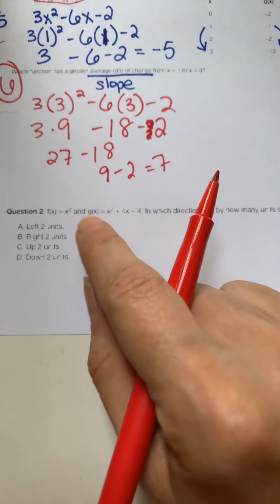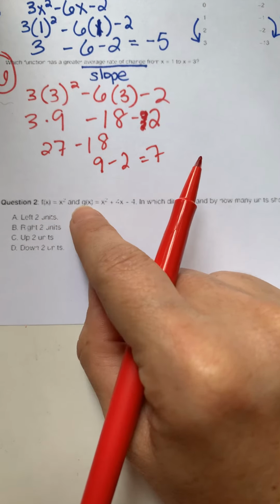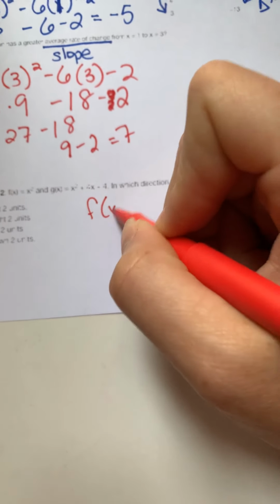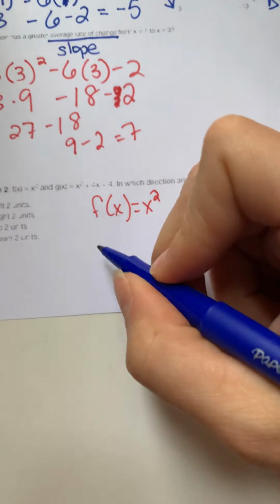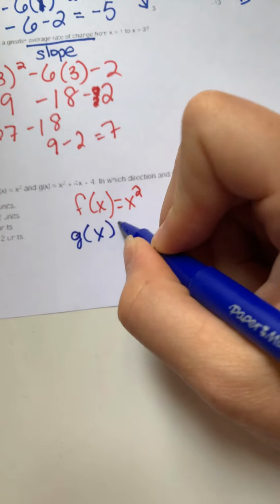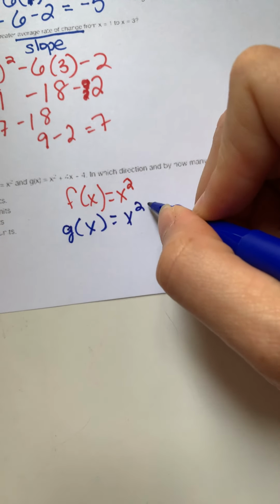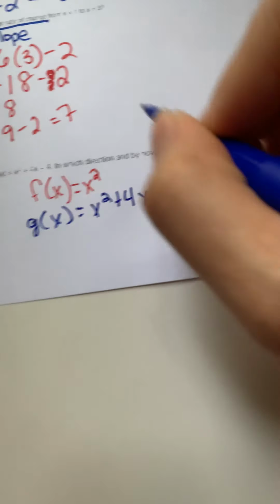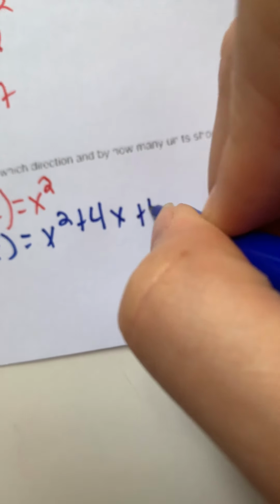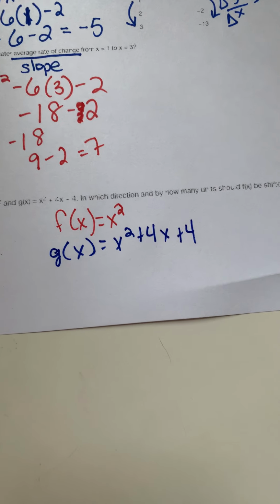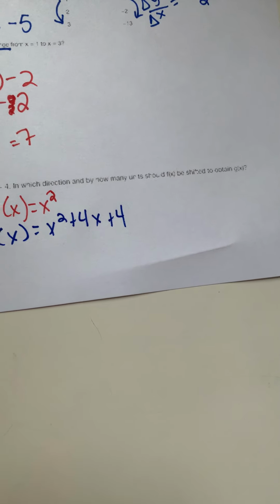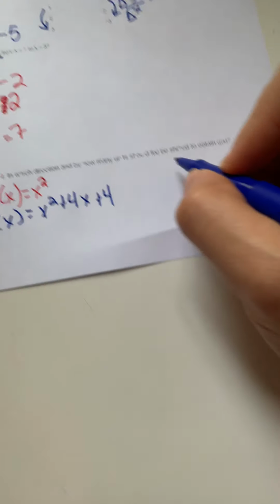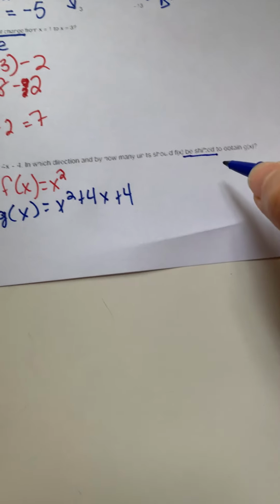All right, for the last one here, we have f of x is x squared. And then we have g of x, which is x squared plus 4x, and that says plus 4. In which direction and by how many units should f of x be shifted to obtain g of x?